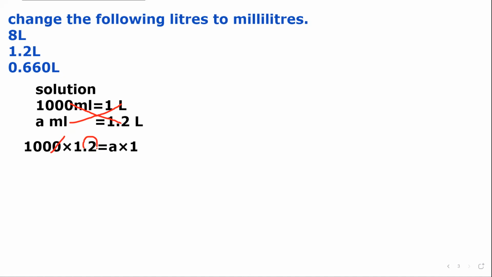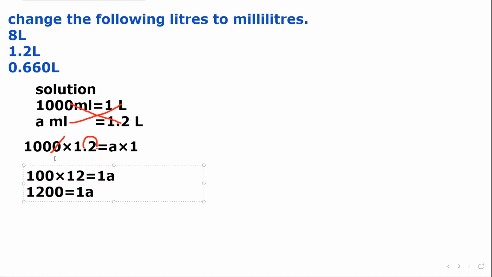So the next digit left here is 100 times. Now the point is no more in the figure, so it's 12 equal to 1A. Then 1200 equal to 1A.